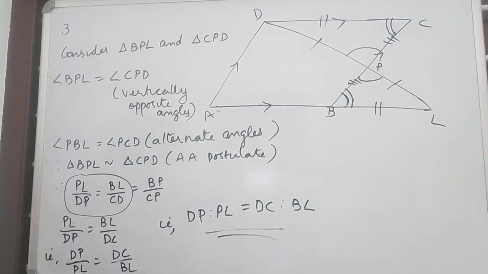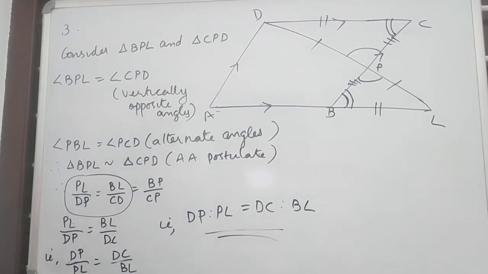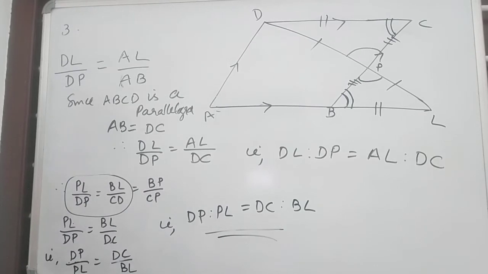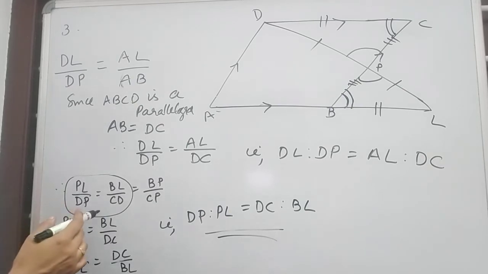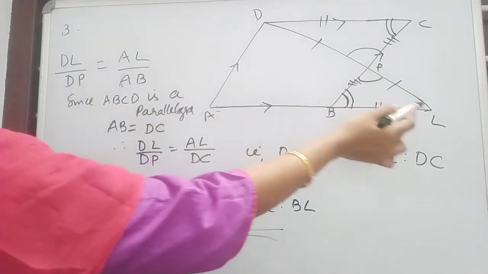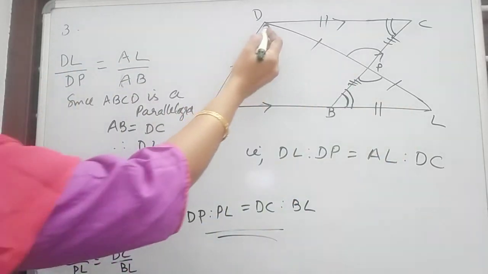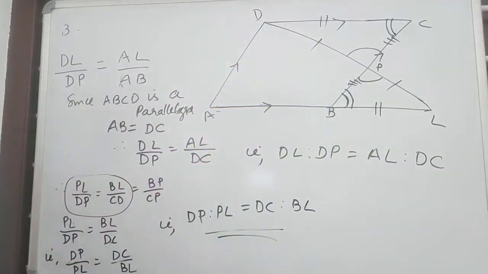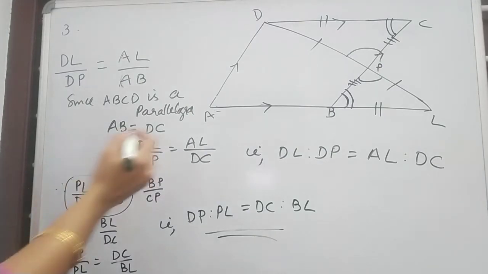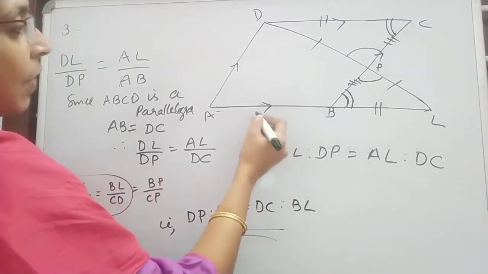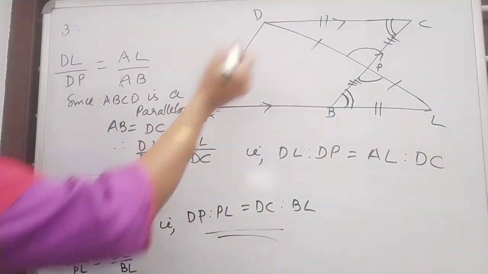Next we want to find out DL is to DP is equal to AL is to DC. For that, the same concept we can apply here. DL divided by DP is equal to AL divided by AB.